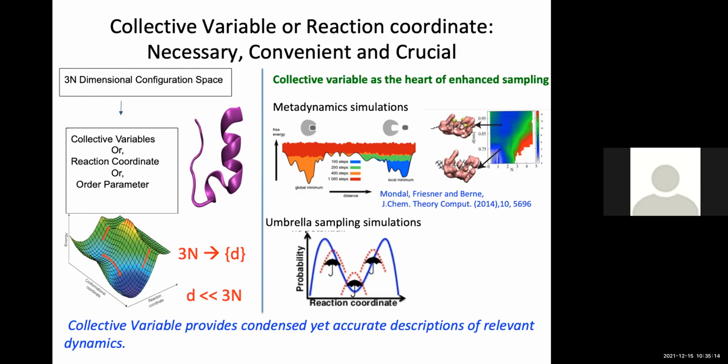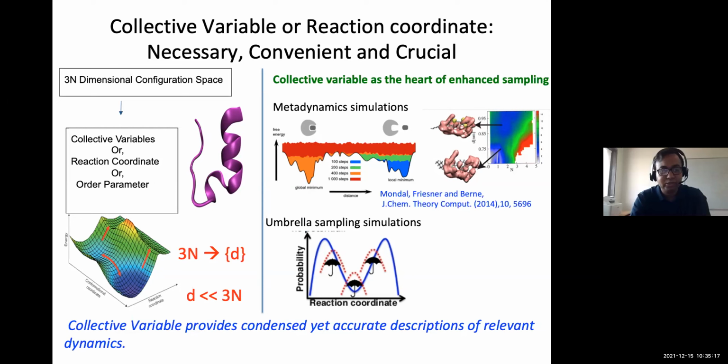It is necessary, convenient, and crucial so that we can look at or reconstruct the underlying processes going on at a low dimensional surface. As a result, in most cases one needs to project the underlying processes along a free energy surface, and we need collective variables.